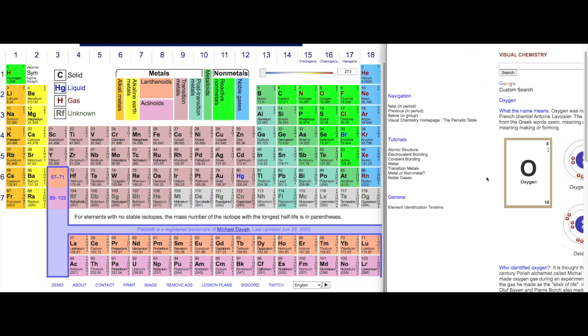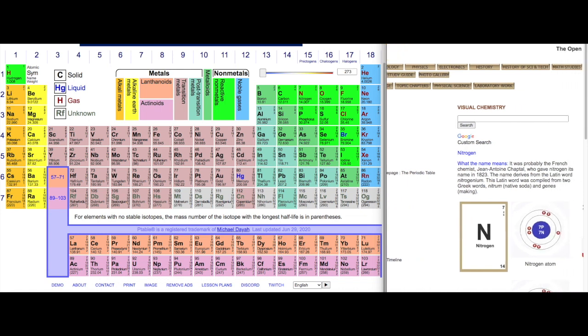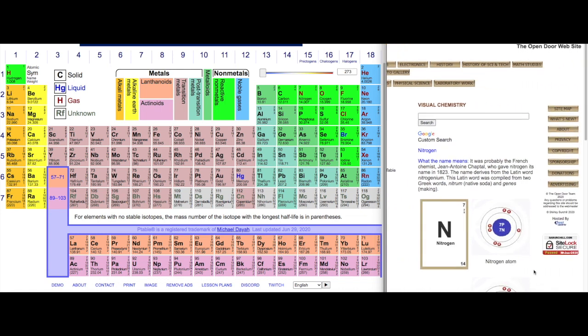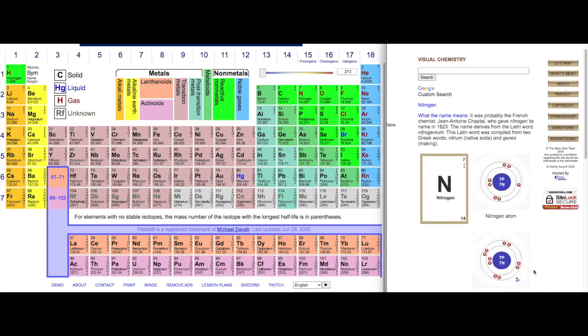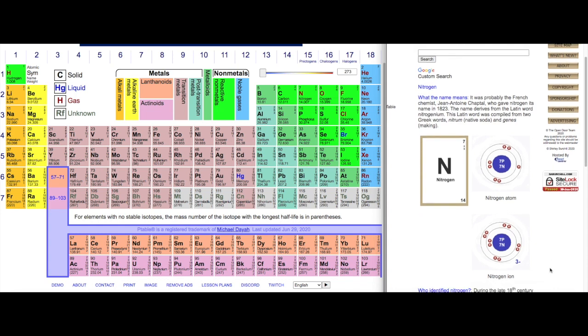And so on with nitrogen, that nitrogen has 1 fewer electron than oxygen, so it has 3 spaces that it would like to fill. But here's the neutral nitrogen atom, and then with 3 added electrons giving it a -3 charge.